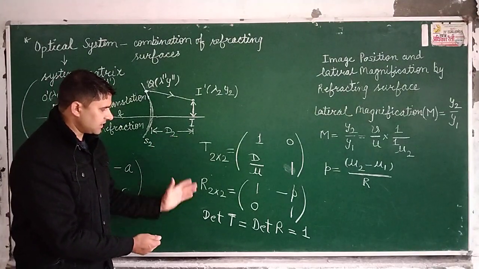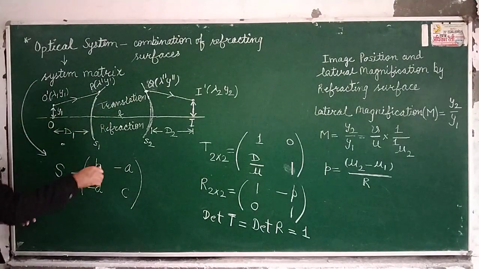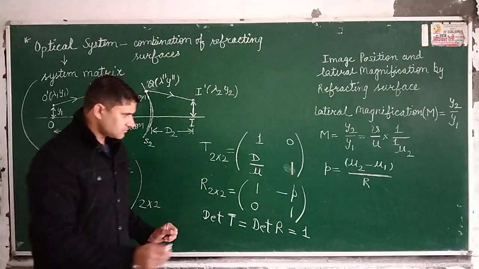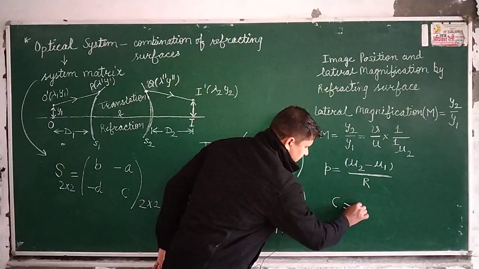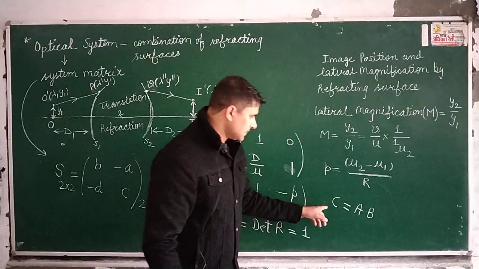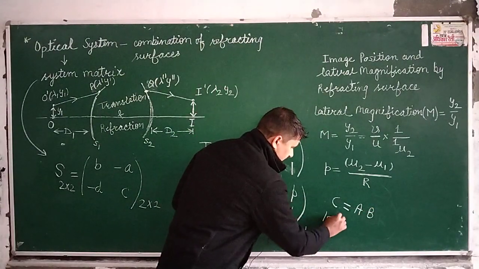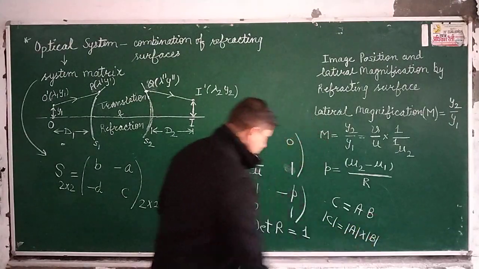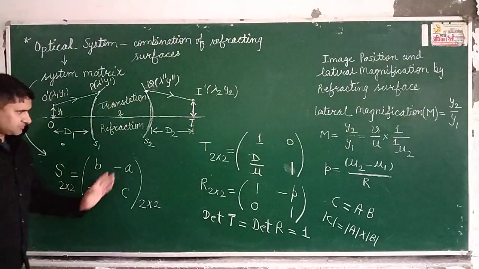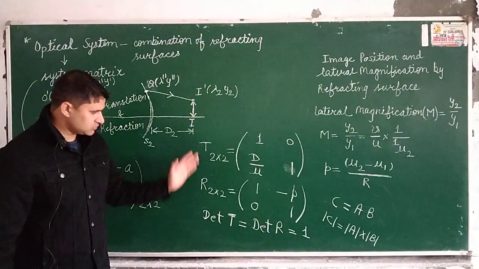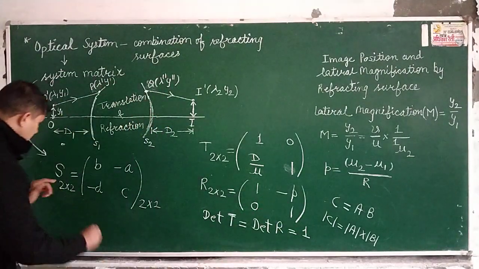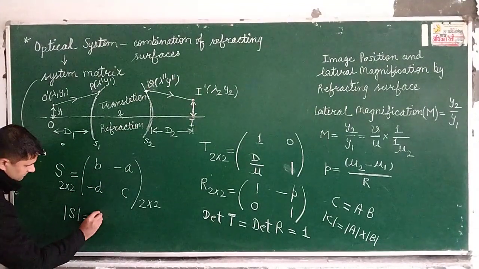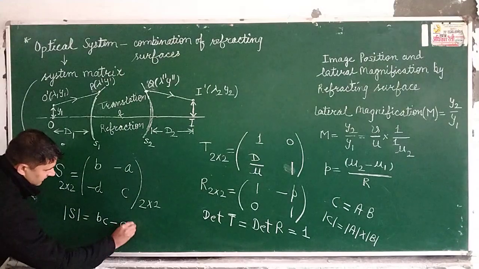As translation and refraction matrices are 2 cross 2 matrices, their product will also be a 2 cross 2 matrix. One more thing, if we have a matrix C which is the product of A and B, the determinant of matrix C will be equal to the product of the determinants of matrices A and B. So in this case, as the system matrix is the product of the translation and refraction matrices whose determinants are 1 and 1, the determinant of this system matrix, which is BC minus AD, will be equal to 1.